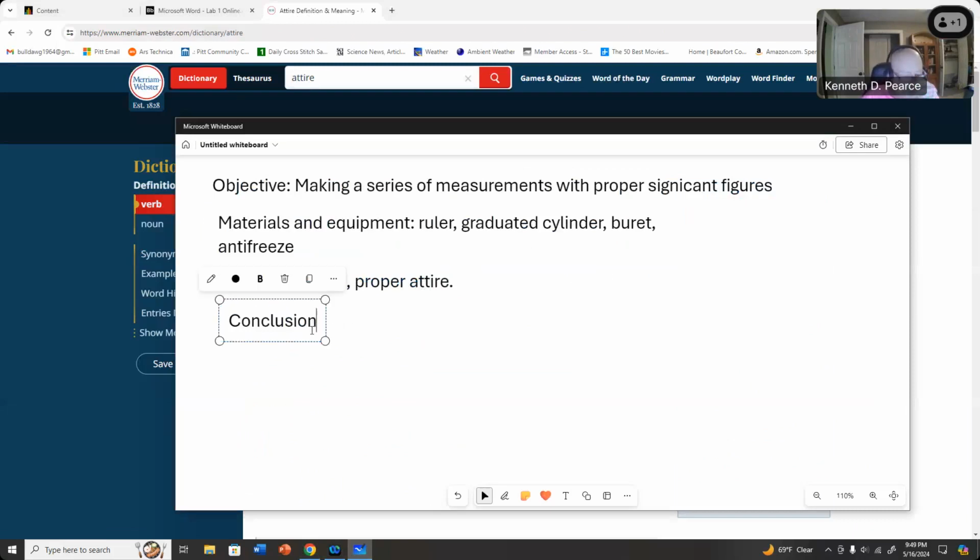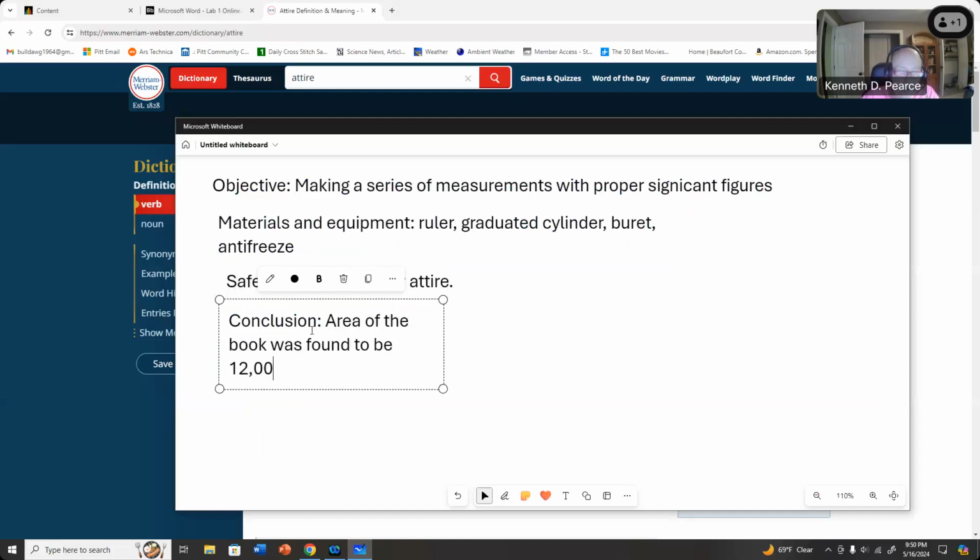And a conclusion answers the lab. What are you after? You're making a series of measurements, and your conclusion, once you do the lab, would be like the area of the book was found to be, and I'm just going to make up some numbers here, was found to be, I think it's actually around 12,000 square millimeters.